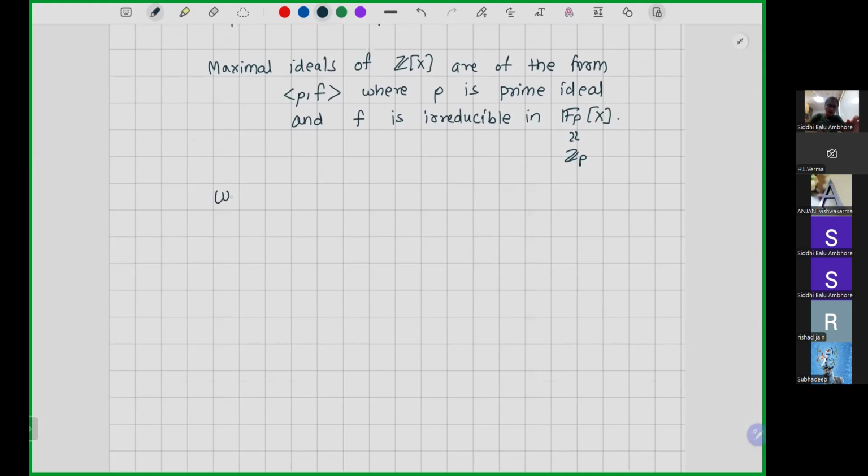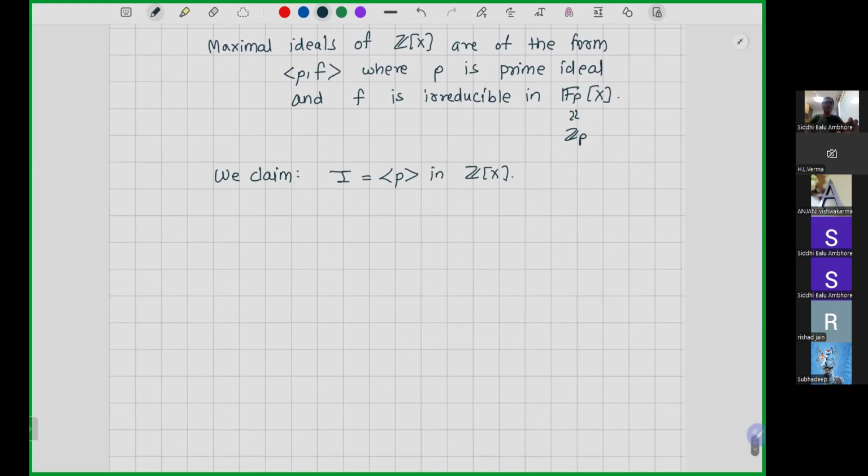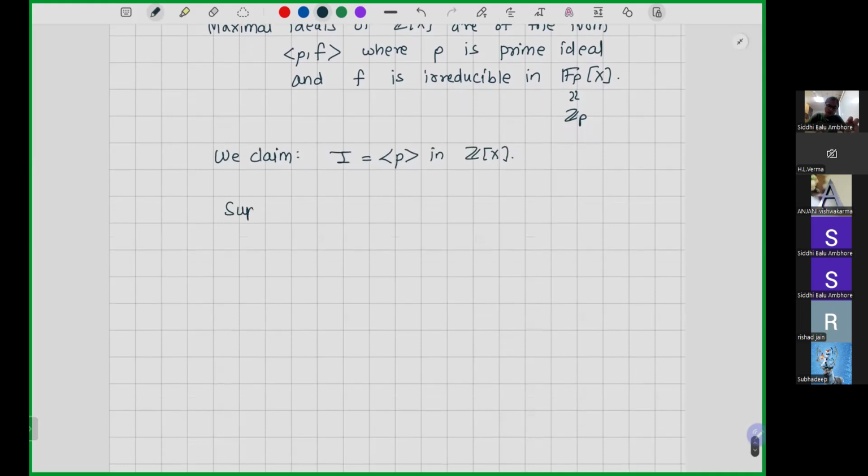So our claim is that this I is nothing but P in ZX. I'm again writing it to avoid confusion between the ideal in Z and in ZX. So suppose F is in this I. If P divides F, then we have nothing to do, right?